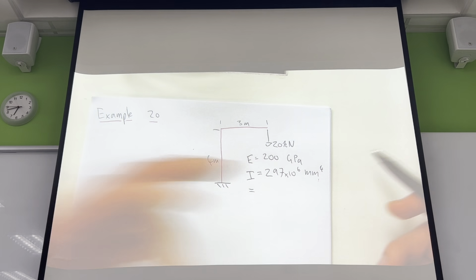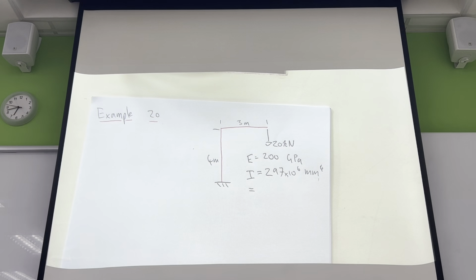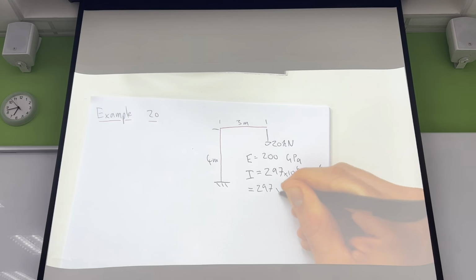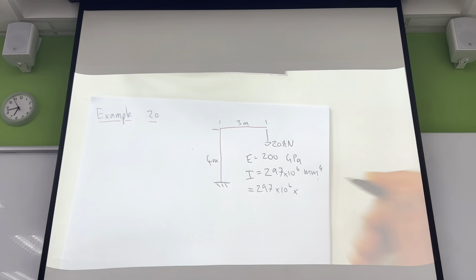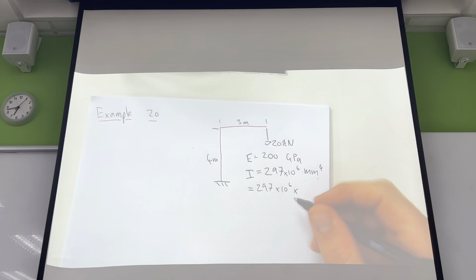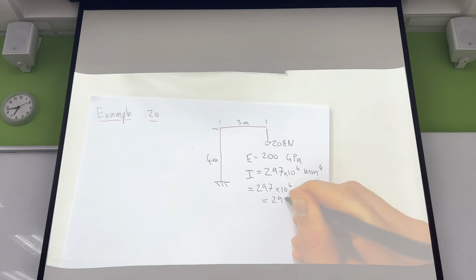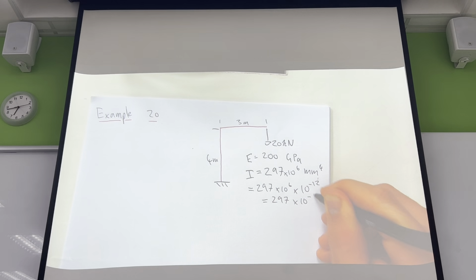Because we have 4 of those, we just need to divide it by 1,000 four times. So that is 297 by 10 to the 6 by effectively 10 to the power of negative 12, because you're doing 10 to the negative 3, 4 times. So we get 297 by 10 to the negative 6.